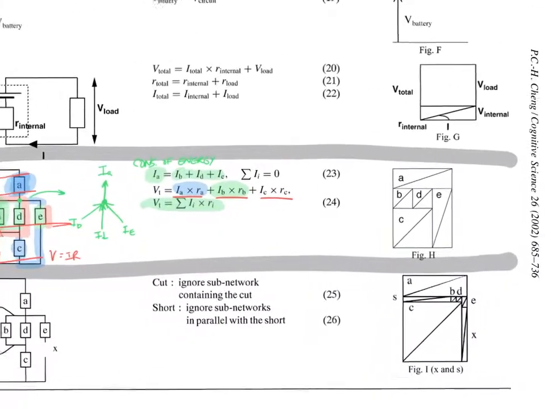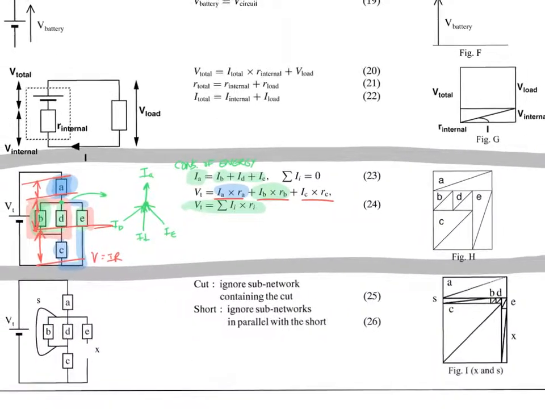Now, I have to zoom out a little bit. So here's the thing. There's only one resistor, resistor A, that feels the full current of the circuit.